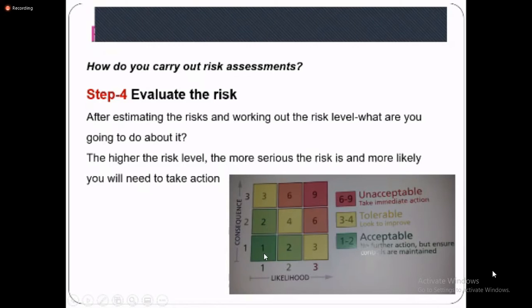And you can see here likelihood 1, consequence 1. 1 into 1 equals 1. Risk level is 1. Here likelihood 2, consequence would be 1. 2 into 1, 2. This is the risk.